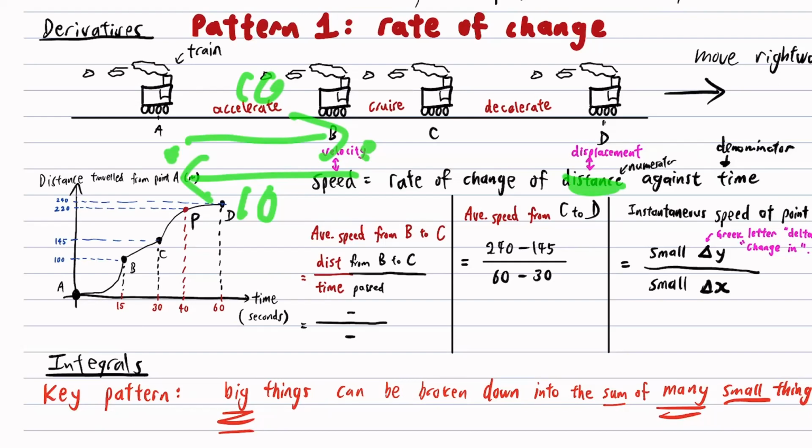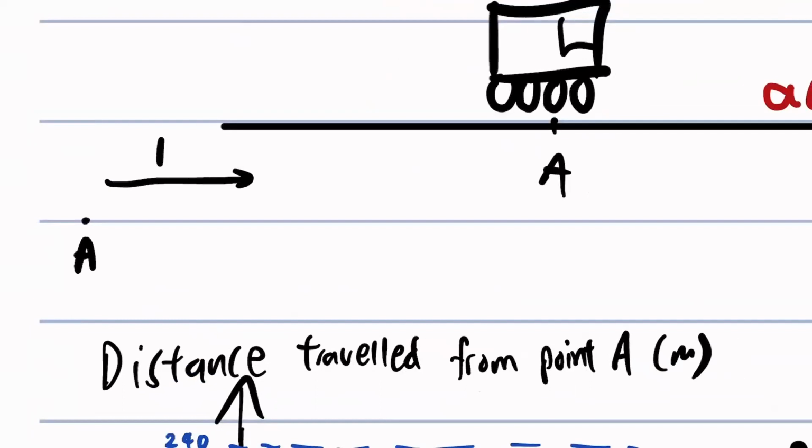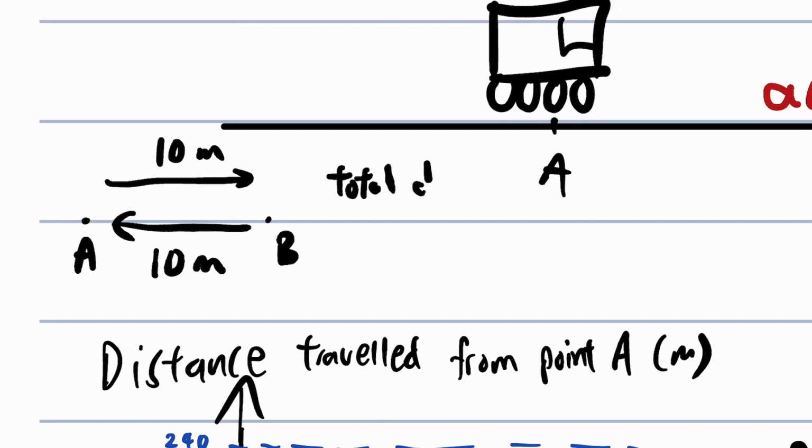Make sense? Say that again. You start at point A, you travel rightwards by 10 meters to point B. Then you travel back by 10 meters to point A. Your total distance is 20 meters, but your displacement is 0.